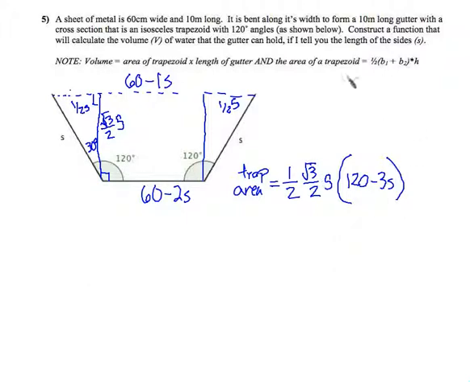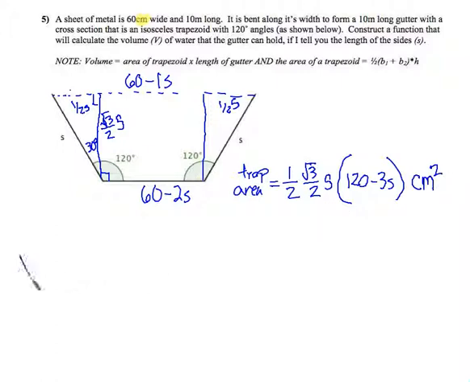And here's the tricky part. Because the original 60 is in centimeters, the trapezoid area is in centimeters squared.